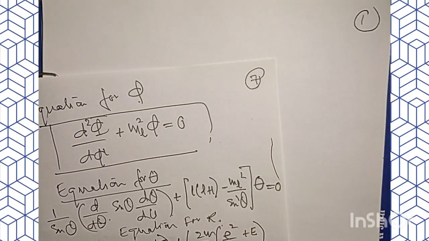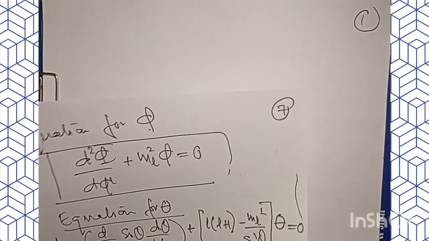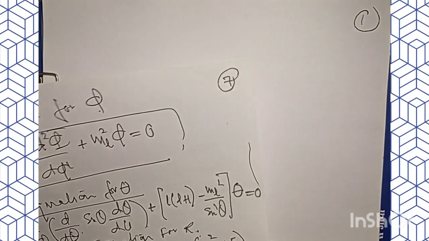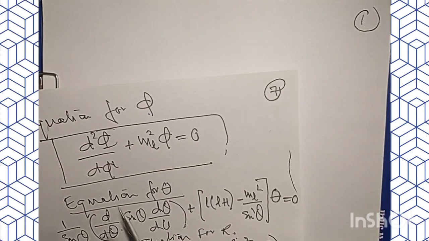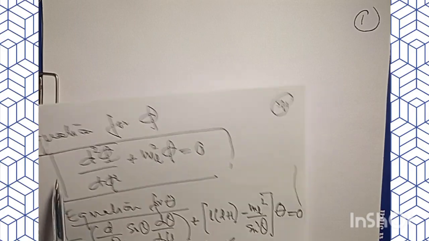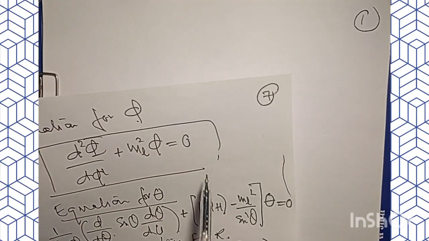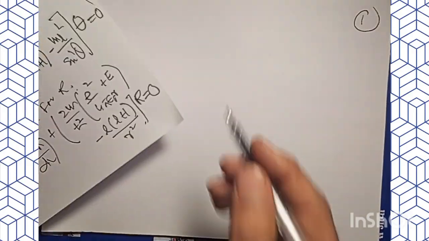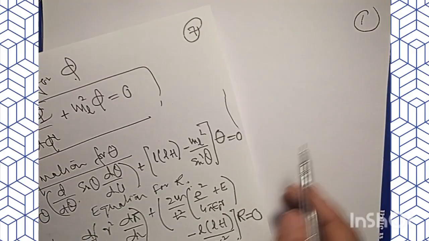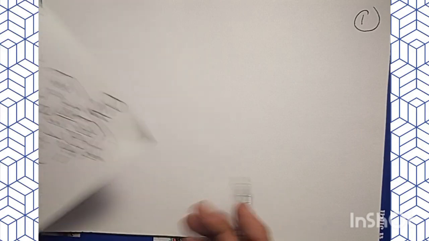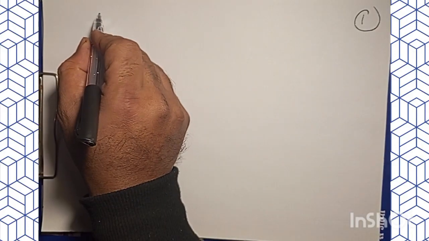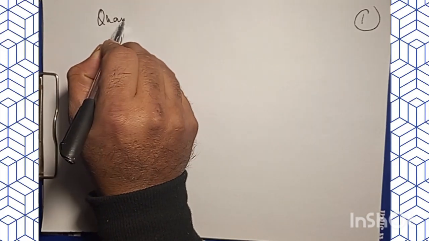Now, to be concise, to be precise, and not to complicate things, we can see out of these three equations that the equation in terms of the azimuthal angle is the simplest, and the solution of this differential equation can be written. So, what we'll be discussing is quantum numbers.